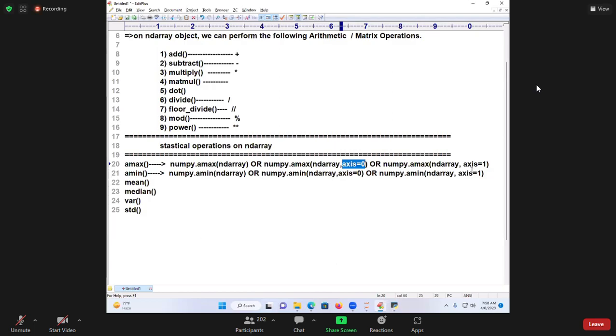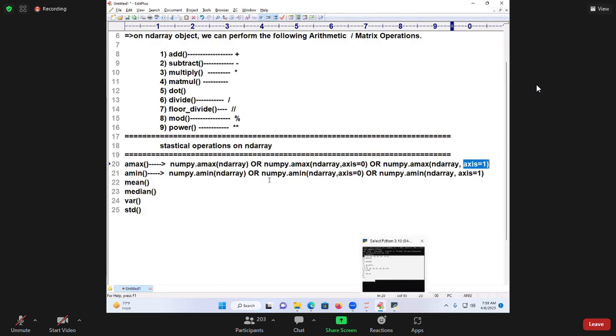Y-axis. Axis is equal to 1 means what? X-axis. I told the blind rule also. Columns, Y-axis, 0. X-axis, rows, 1. You may be confused, but confusion is not going to change the human being. You must be under control so that you can understand.